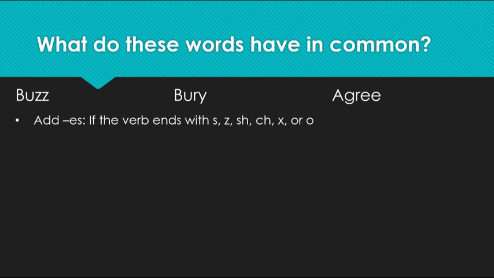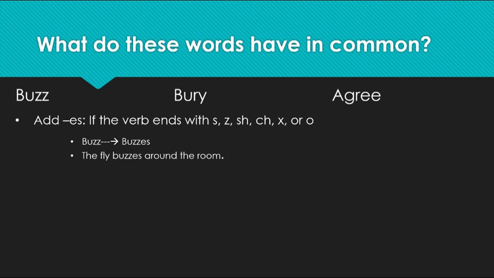Buzz ends in a Z, so we're going to add an ES to it so it fits the rule. Buzz changes to buzzes, like the fly buzzes around the room. So ES is added to any verb that ends with S, Z, SH, CH, X, or O.